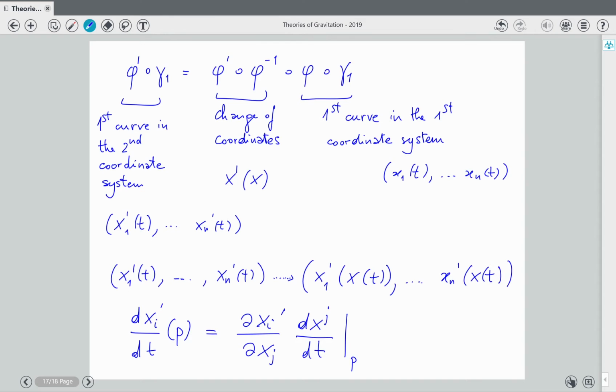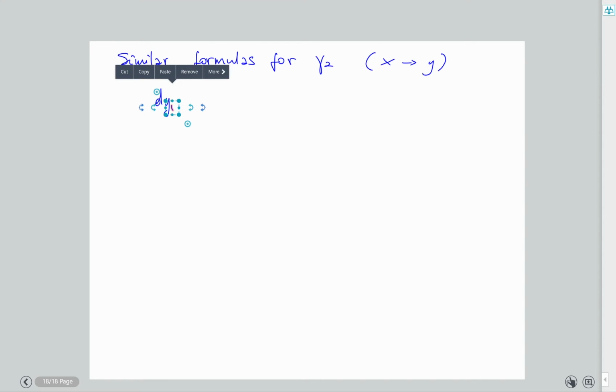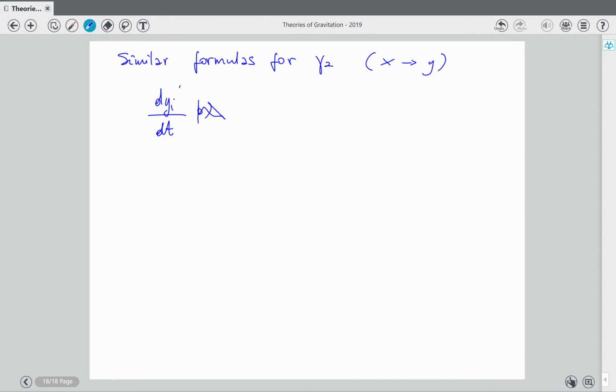So what we get is dyi prime over dt at P, that's equal to dyi prime over dyj times the derivative of yj with respect to t in P. Okay, so now let's take the difference of these two equations.